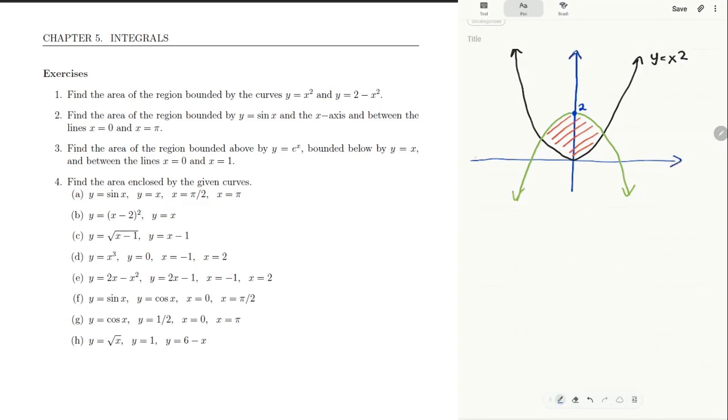So now the first thing that we need to determine is the interval of integration. So to find the region, we want to determine the points of intersection. So where do these curves intersect?